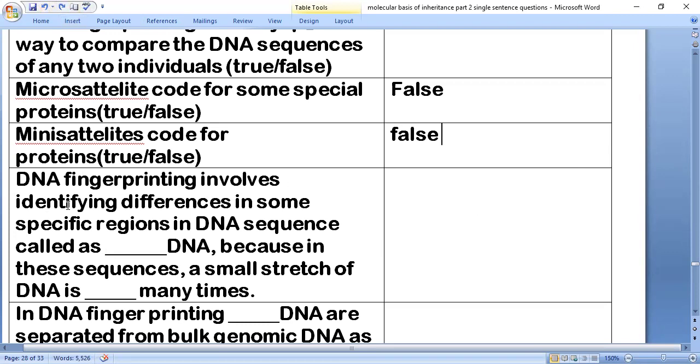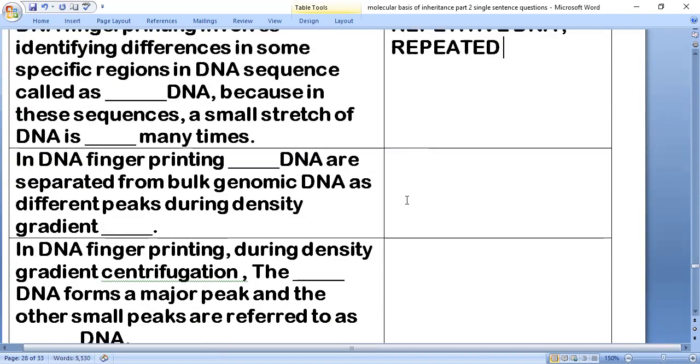DNA fingerprinting involves identifying differences in some specific regions in a DNA sequence called repetitive DNA sequences, because in these sequences a small stretch of DNA is repeated many times.